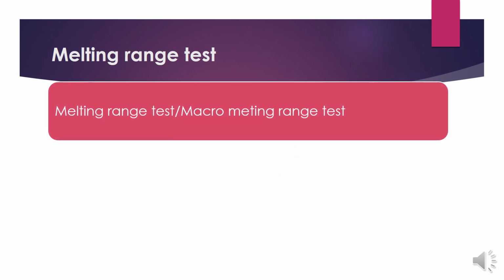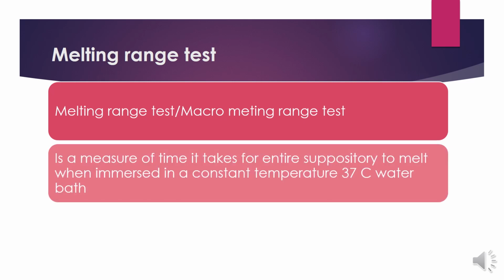So in this melting range test or macro melting range test, we are going to measure the time that the entire suppository takes to melt when immersed in a constant temperature water bath or any suitable apparatus. Basically, for the effect of temperature on softening or liquefaction, we observe the temperature as well as a little bit of pressure application.